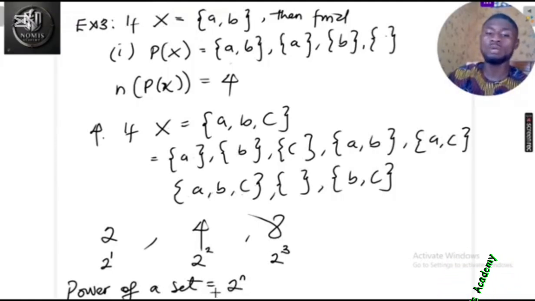Where we have one element, the power of that set would be 2. Where we have 2 elements like this one, the power would be 4. If we have 3 elements, then the power would be 8. So this is how to find the power of a set.